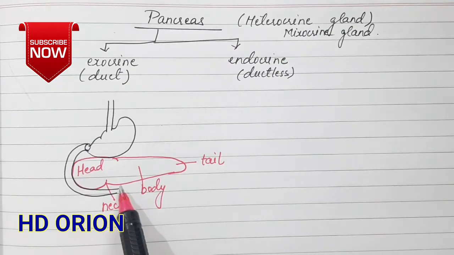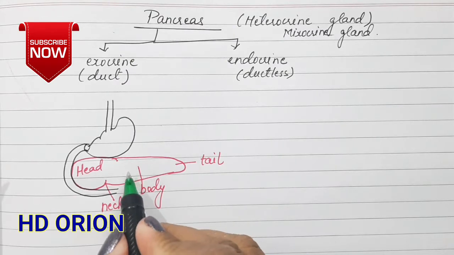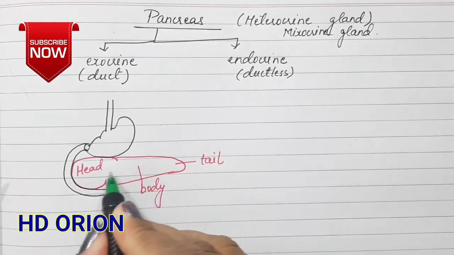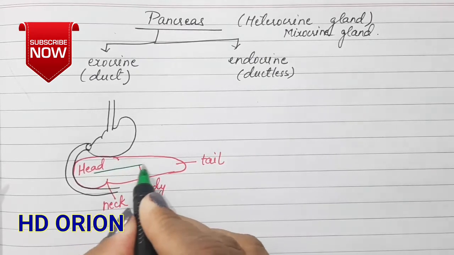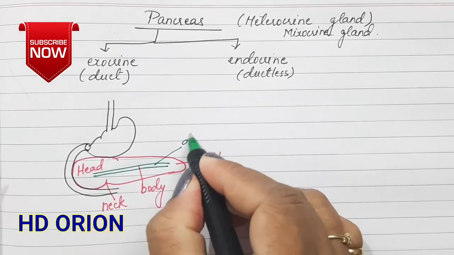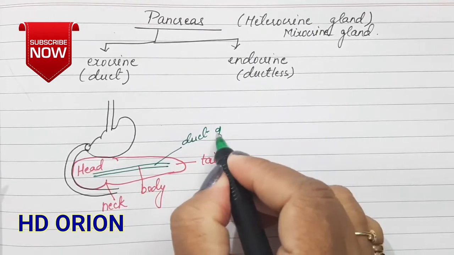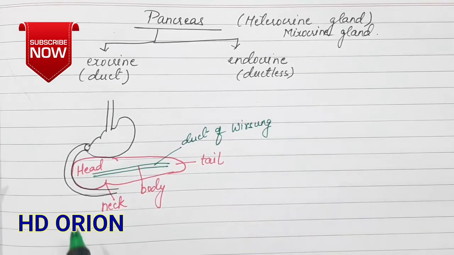The pancreas produces the digestive juice which is known as pancreatic juice. The pancreas has cells inside it, known as acini, and it pours the secretion into this duct which is known as the duct of Wirsing or the pancreatic duct.